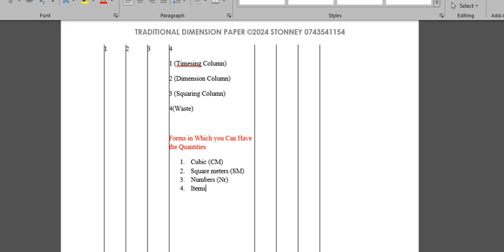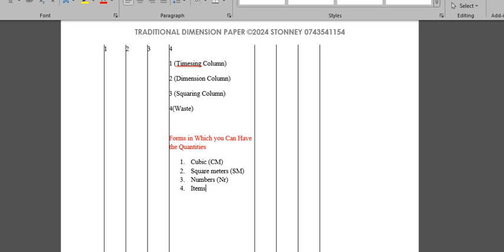We'll come to see that later on, which probably might not come in this session because we have much to cover in this introductory session in as much as the traditional dimension paper is concerned. But when we start to do the measurements or the taking off, you are going to be able to see all these items that we are talking about.